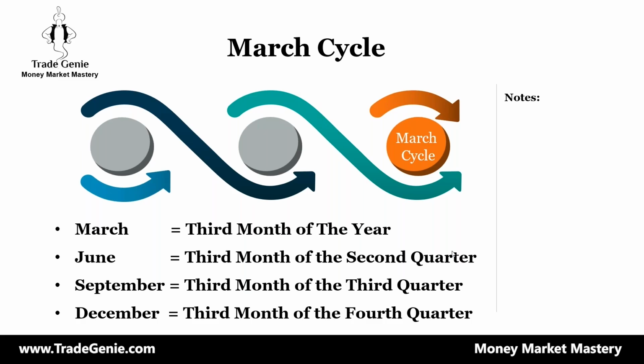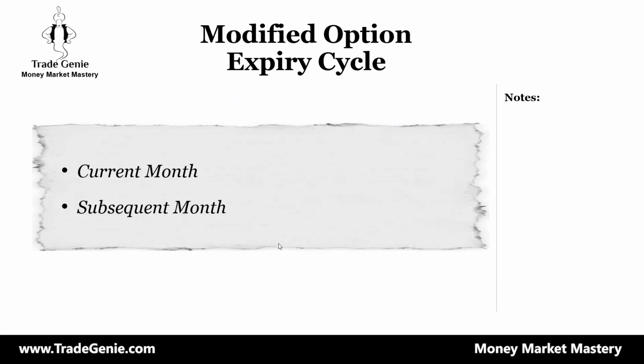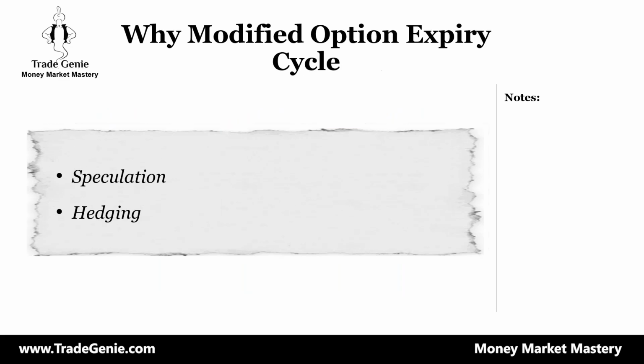Now what happens when the December expiry comes on December 16th? That's what we need to know. We have the current month and the subsequent month, and now we need to know what happens when the December month expires. The reason they created it so that the current month should be there and the subsequent month must be there is that options were created for speculation and hedging purposes.